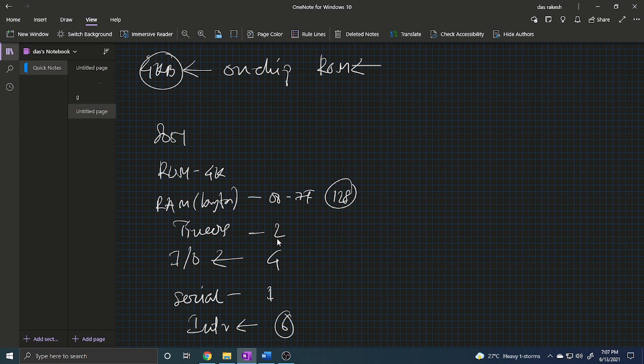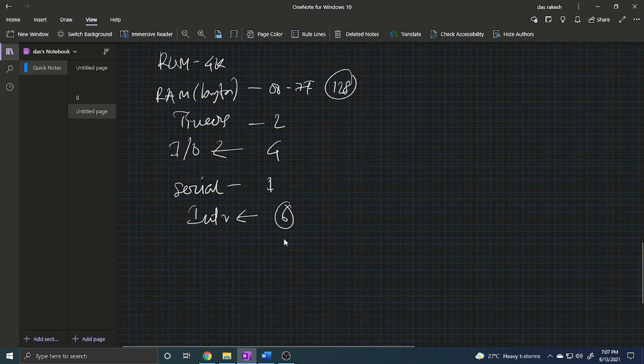There are 6 interrupts available in the 8051. So these are the basic parameters used as per our embedded design requirement, either serial port programming, interrupt programming, any sensor data read or write, or any type of embedded system requirement. Then we discuss this 8051 internal peripheral blocks.